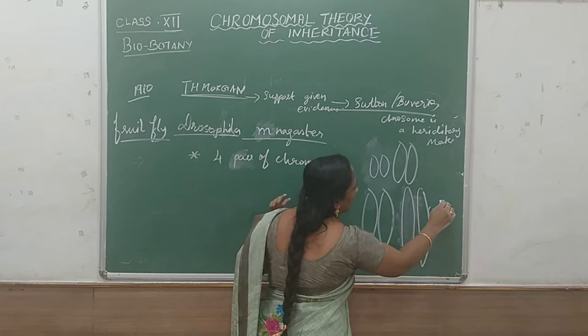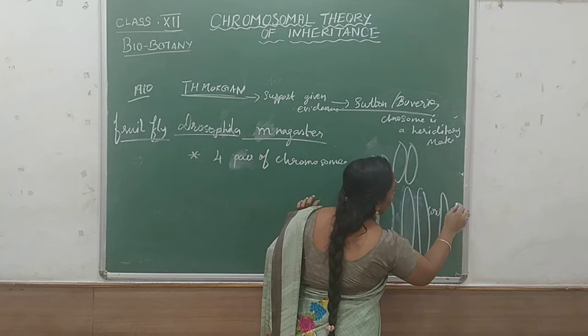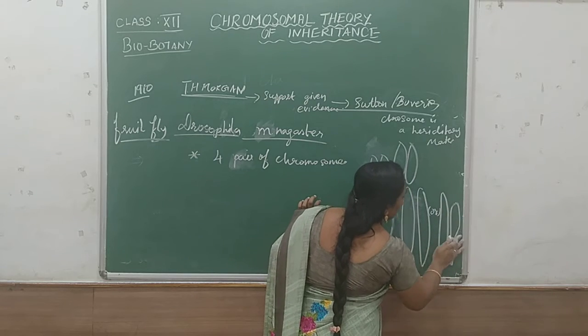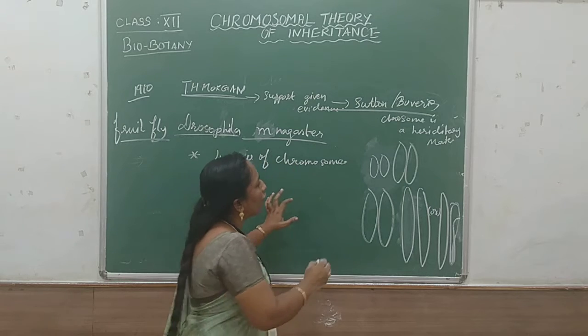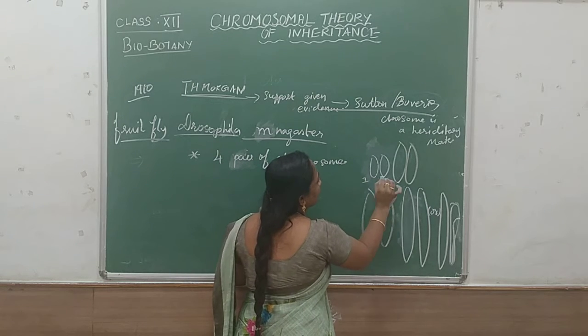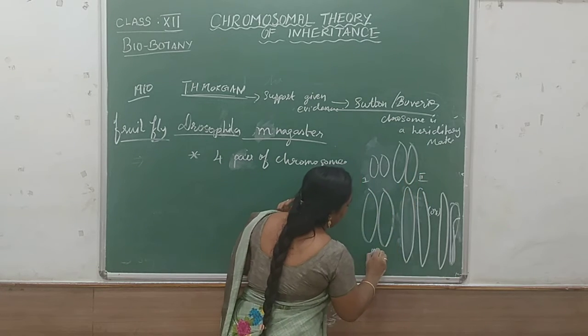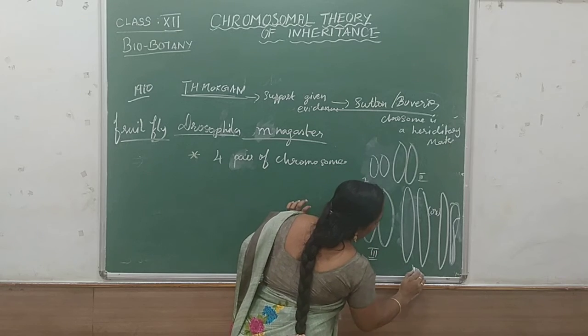So this is 4 pairs of chromosomes: 1, 2, 3 and 4.